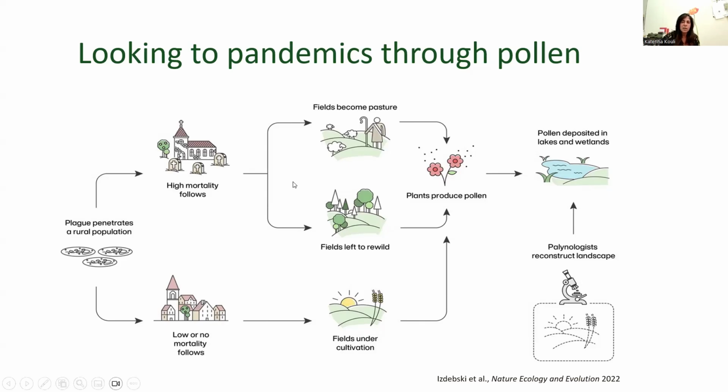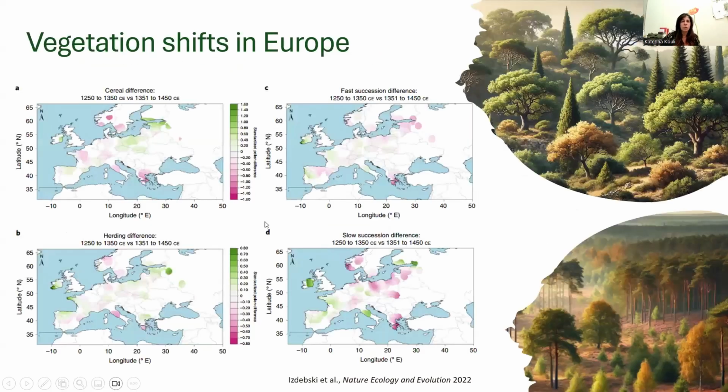By trying to see what happened in the past in the environments through pollen and using 4 specific indicators. Here's the map for cereal cultivation. So when it's green, you see that from before to after the Black Death interval, there was either an increase or a decrease in cereal cultivation. Those are the herding evidences.